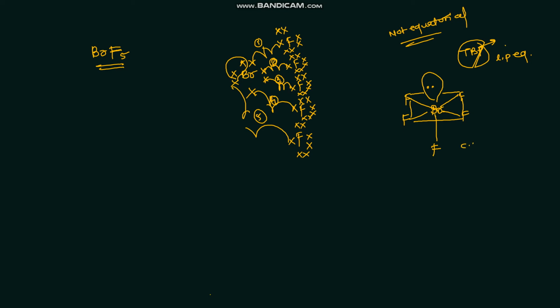Here 1, 2, 3, 4, 5 and 6. Coordination number is 6. Here coordination number is 5 and 1 lone pair. Here the lone pair is at the axial position, not equatorial, because here the geometry is not trigonal bipyramidal, it is octahedral.